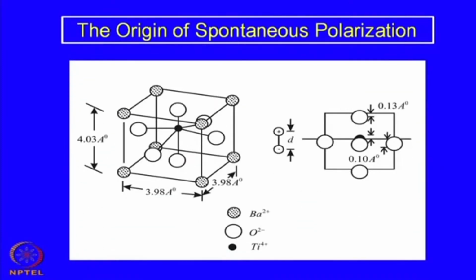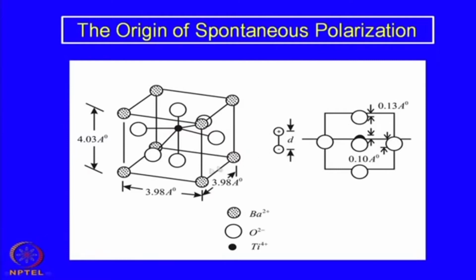Although we describe it as a cubic symmetry, it really does not have a cubic symmetry. There is a little bit of distortion in the c direction, and there is a displacement of the center of the positive charge and the center of the negative charge, even without the application of an electric field. So, even in the absence of an electric field, the structure has some amount of distortion.